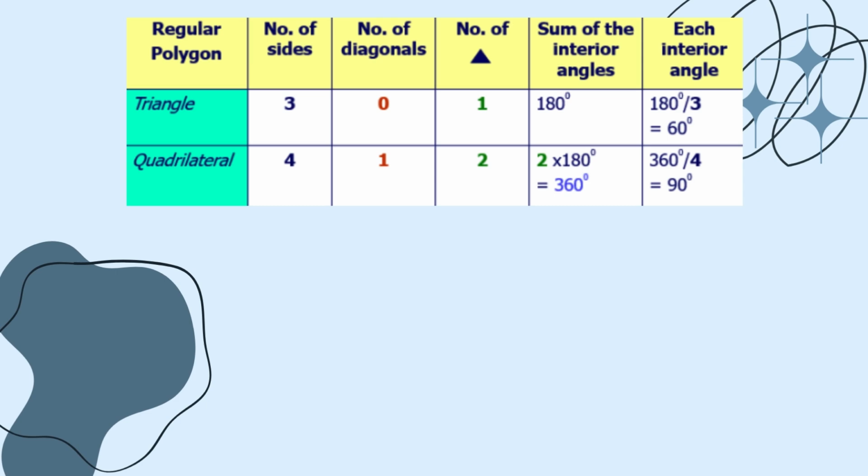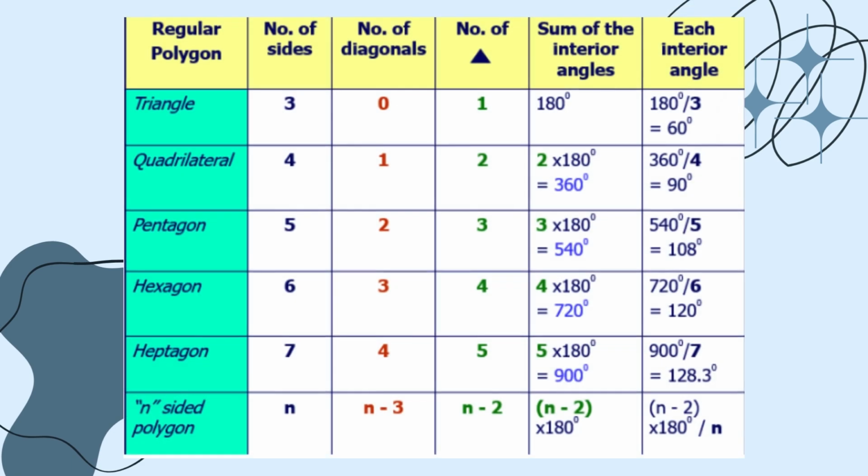To get the sum of interior angles, we simply multiply 180 by the number of triangles, which results in 360. As for each interior angle, we have 90 degrees because we divided 360 degrees by the number of sides, which is 4. The same goes for any other polygon.